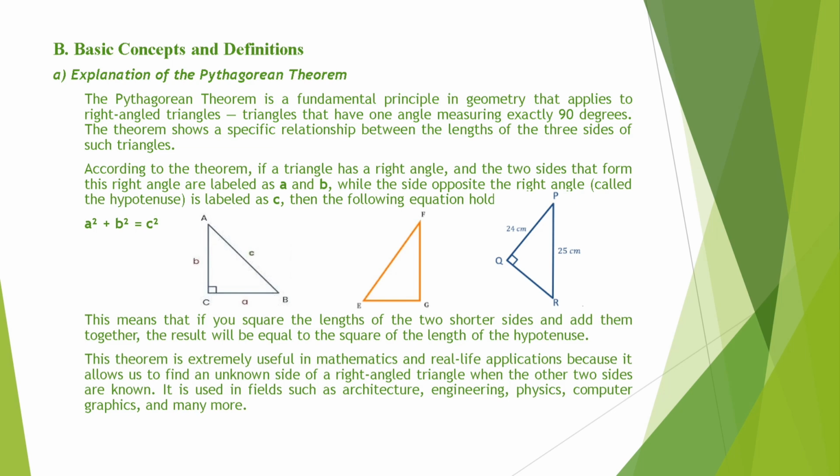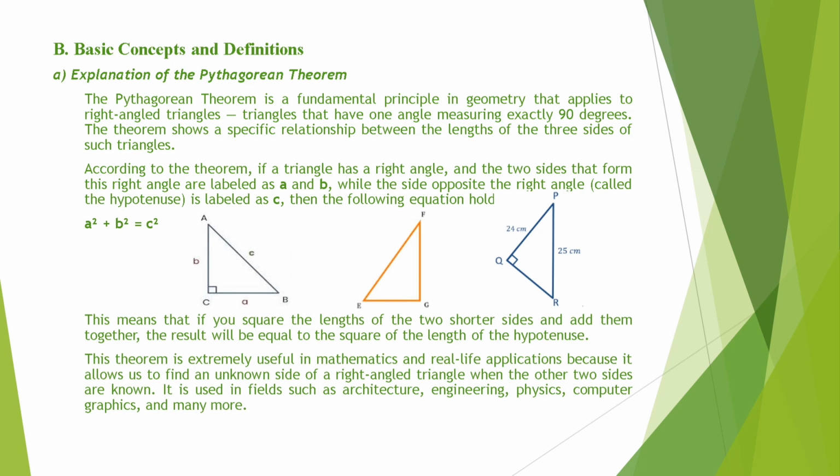Definition. A. Explanation of the Pythagorean theorem. The Pythagorean theorem is a fundamental principle in geometry that applies to triangles that have one angle measuring exactly 90 degrees. The theorem shows a specific relationship between the lengths of the three sides of such triangles.